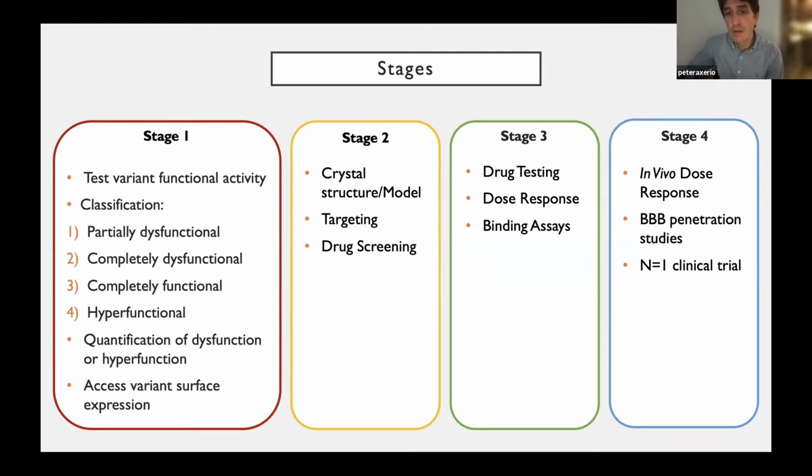And then stage three would be obviously drug testing, dose response curves and binding assays. And then stage four is to identify whether the drug actually gets to the brain, and the in vivo dose response. And if those conditions are met, then we can consider an N-of-1 clinical trial study.